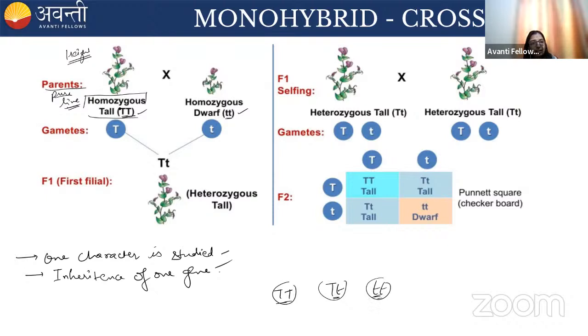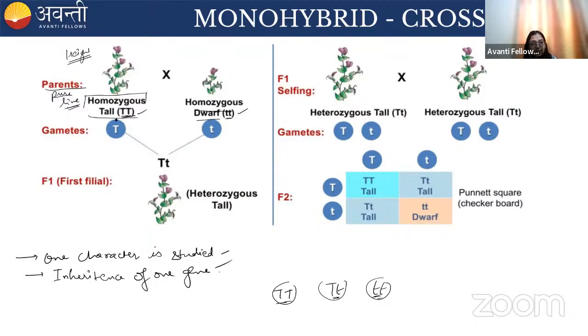So first, he took the plant that is homozygous tall, or homozygous dominant, capital T, capital T. Always remember that we represent the dominant allele with a capital letter and the recessive allele with a small letter. Another parent plant is a homozygous dwarf, small t, small t, which is a homozygous recessive condition.